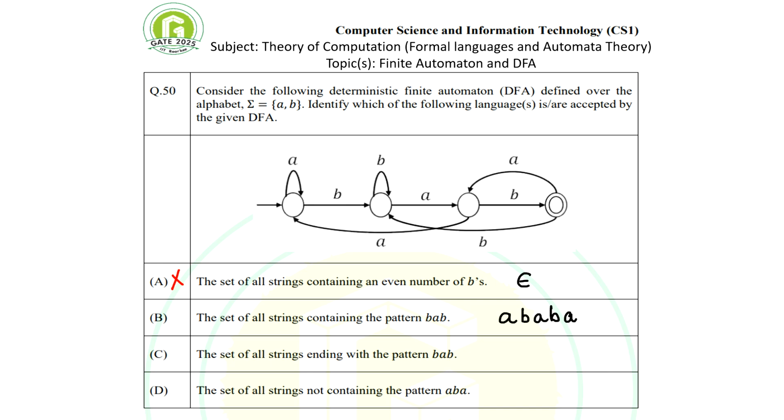So you start with A, you're in this state, then you go to B, and then it's A, and then to B, and then come back to A. So you're in this intermediate state which is not a final state and therefore this string is not accepted, hence this cannot be the language.